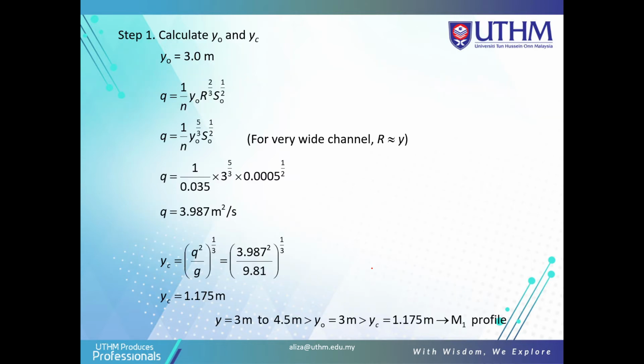First, calculate y naught and yc. You know that y naught is 3 meter. Calculate yc because this is a wide channel. A very wide channel is a wide rectangular channel, so we assume that R is equal to y here. You must use this equation to find q, the discharge per meter, cubic meter per second per meter.